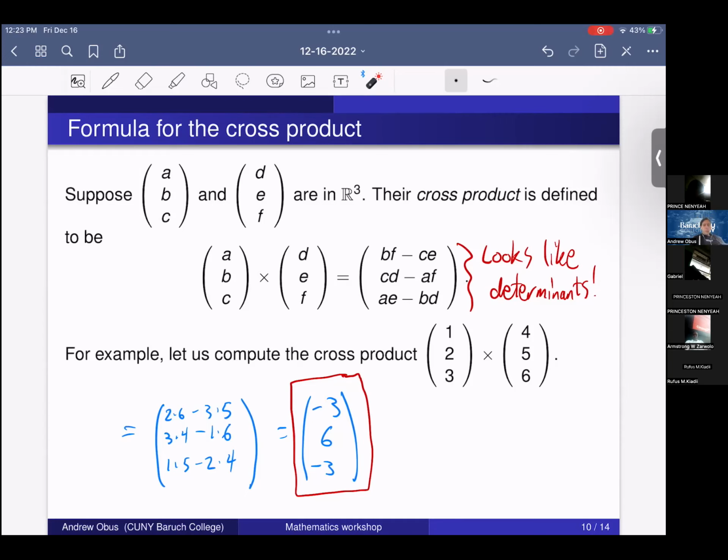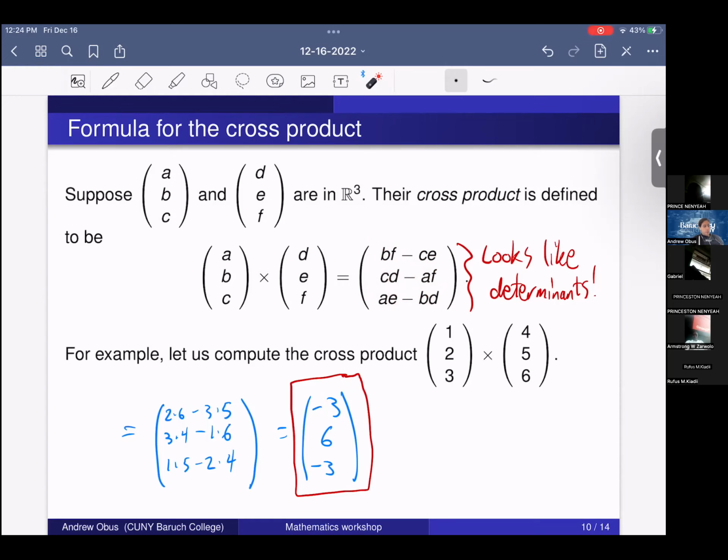Will it be the same pattern that you arrange? Yeah, I think so. What you've said is the same as the pattern that I have here. Well, the order does matter: BF minus CE has to be first, then CD minus AF has to be next, and then AE minus BD has to be next. So you do have to have this first, then this second, and then this third.